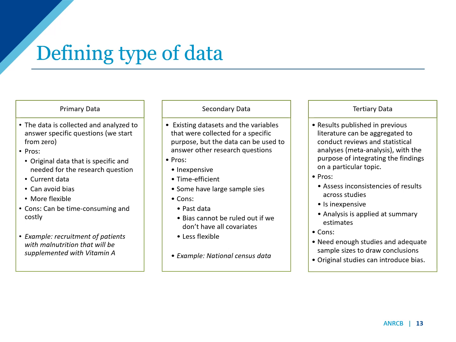The data are more current. It helps you to avoid bias, and you can be more flexible in what you can or can't collect if you are the individual or the team that is collecting the data. But again, it can be very time-consuming and costly.